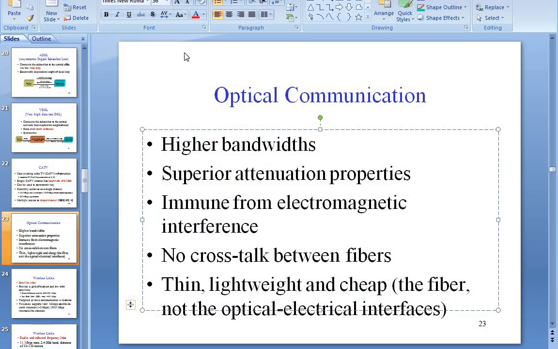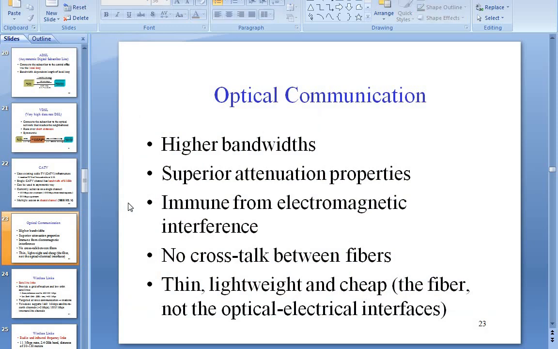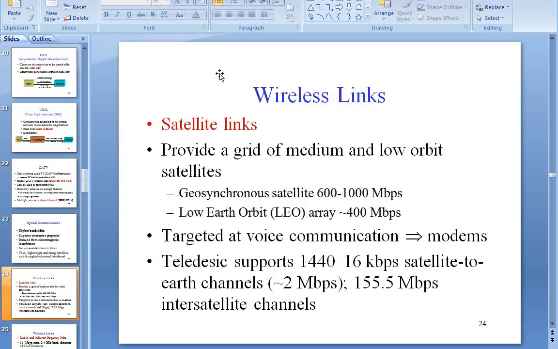Then we have some possibilities in wireless links. First we have the satellite link. Initially it was targeted at device communication. However, currently, as we know that we normally require data content, it can provide high bandwidth, but there are always issues of latency.